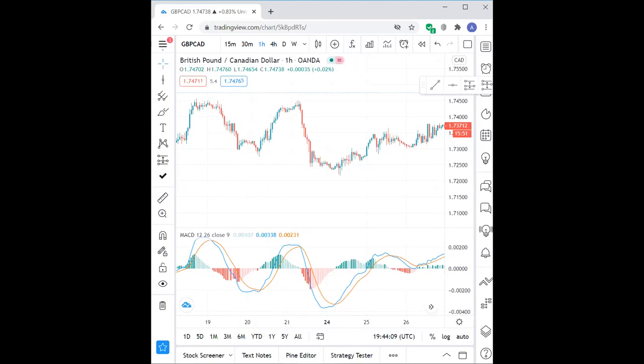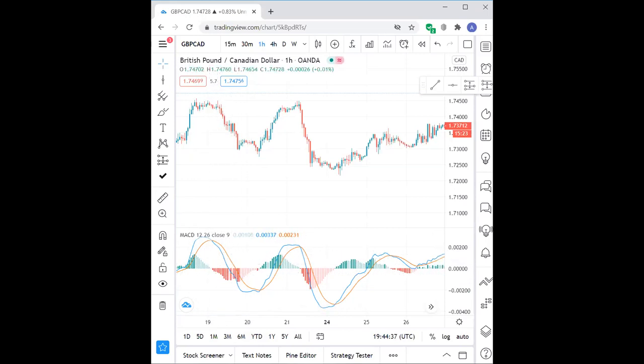Two moving averages here, this blue line and this yellow or goldish line, and a histogram. The histogram is this one. You can see the bar candles here, the blue ones and the red ones. This one is the histogram.